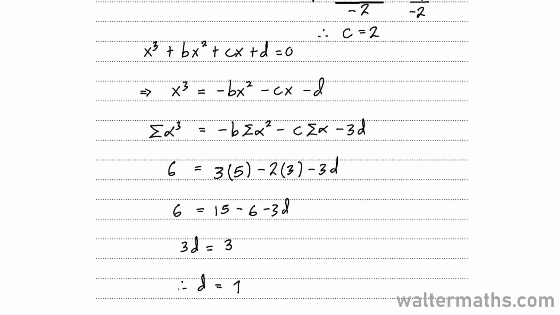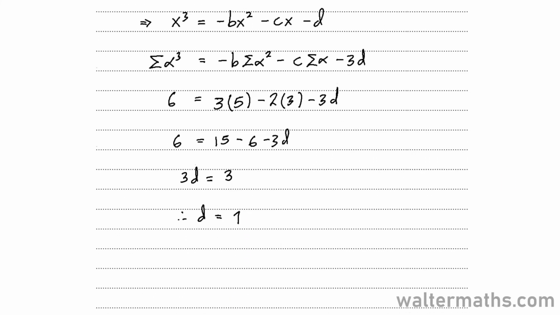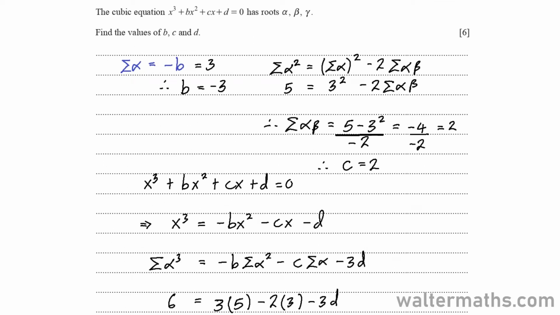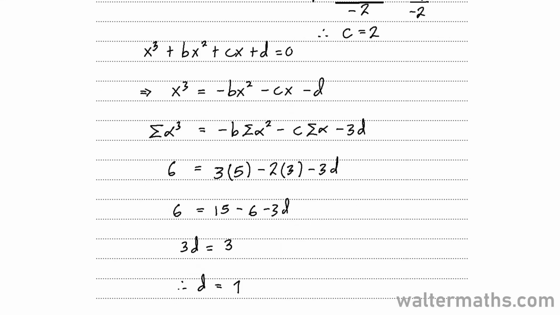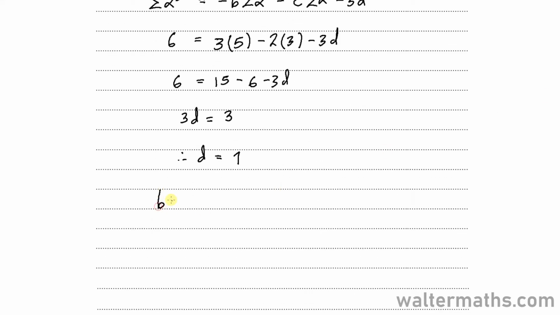So that's the value of d here. So we now have all the values we want. B is minus 3, c is equal to 2, and we got d to be equal to 1. So that's how we do it.